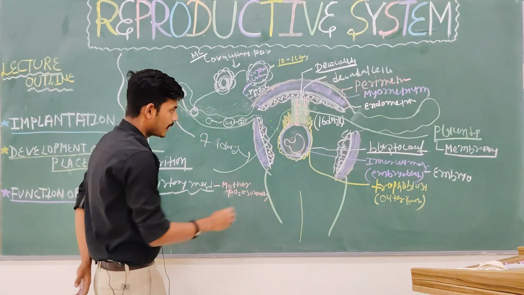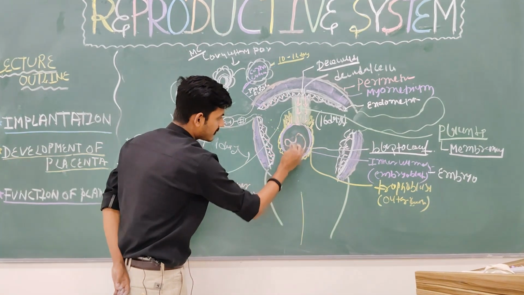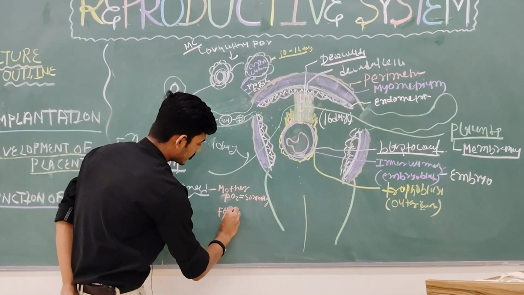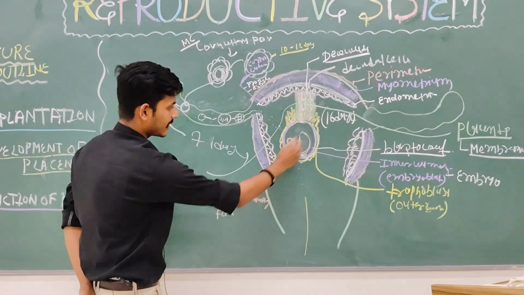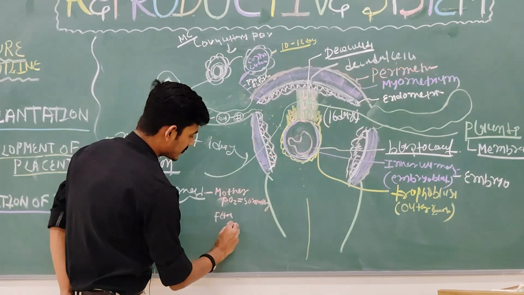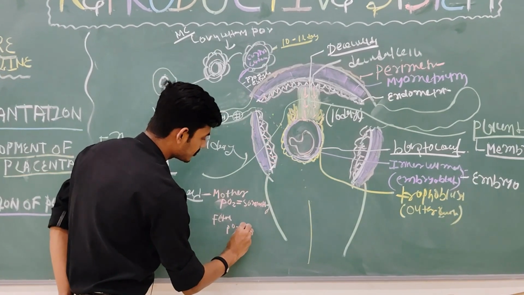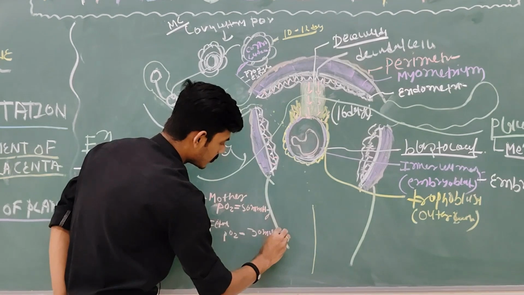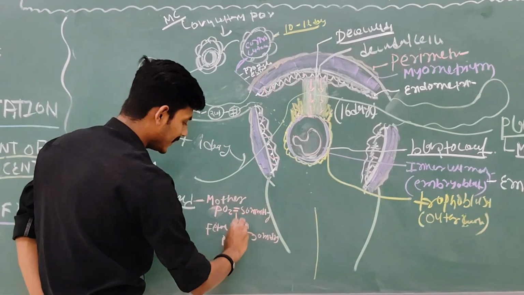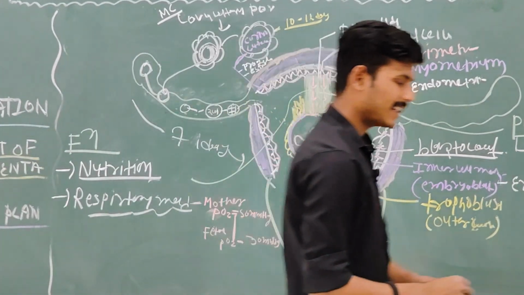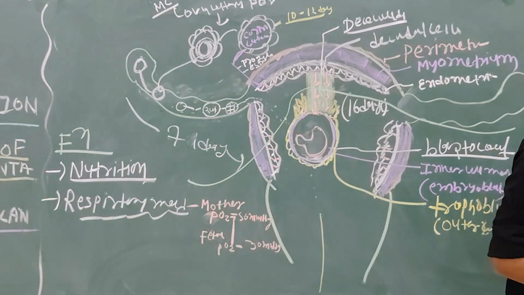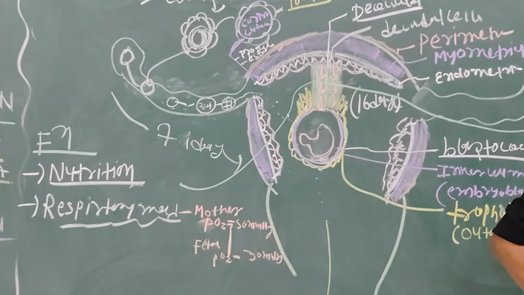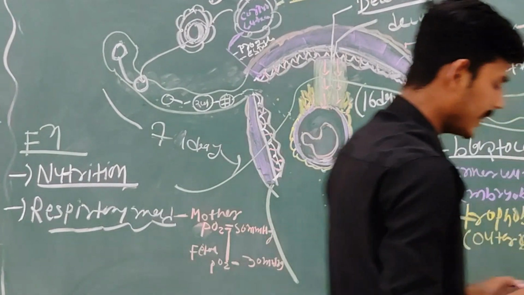Understanding? Okay. And the fetus, the developing fetus, their partial pressure of oxygen is 30 mm of Hg. So there will be a formation of gradient, but this is a very small gradient, isn't it?